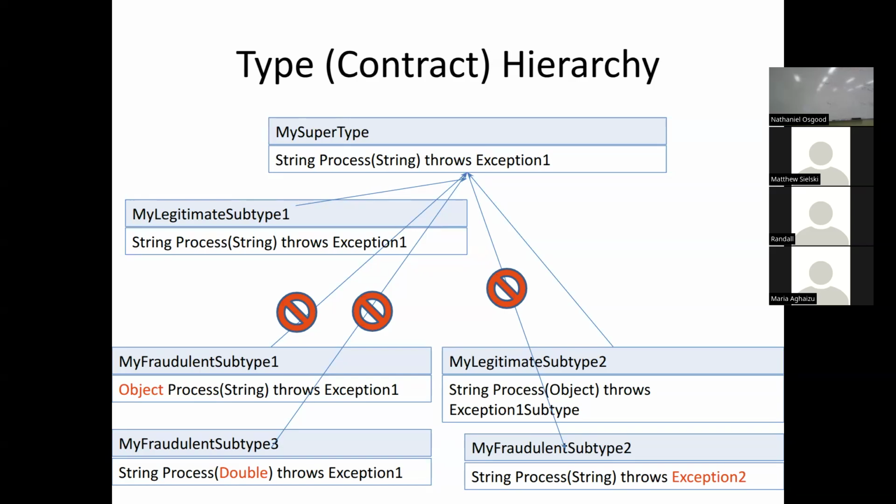We can't say that we're going to return an object from the subtype where someone's expecting a string. Someone writing code against the supertype, as if it's an instance of the supertype, expects a string back when we call process. We can't pass back any old object, right?